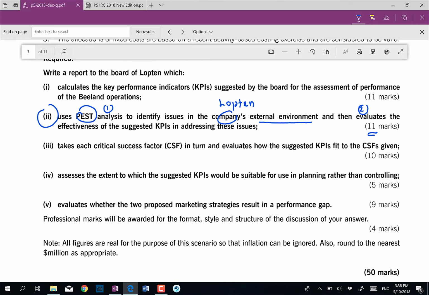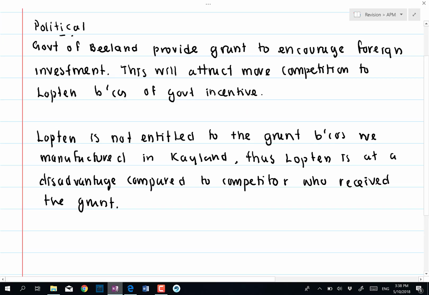Using PEST, they didn't say explain PEST. Using PEST, identify issues in the company, Lopten's external environment. So for Lopten, the government is giving a grant, we are at a disadvantage. That's how you should explain.